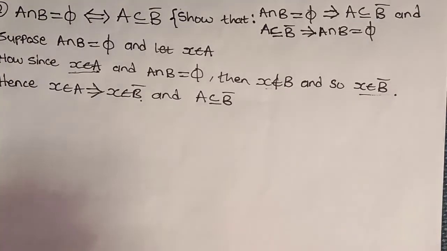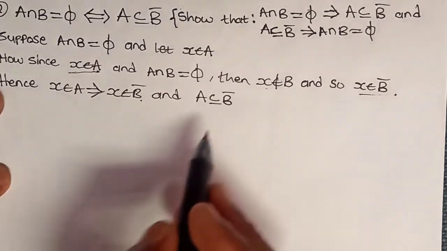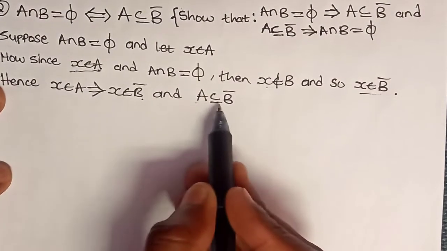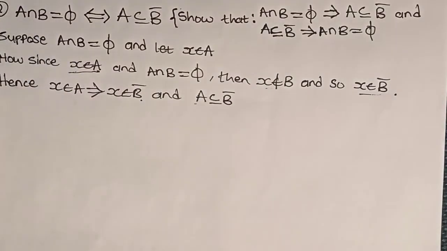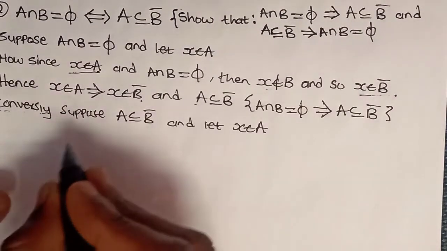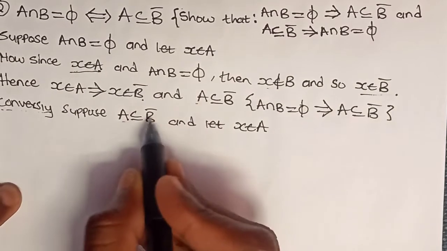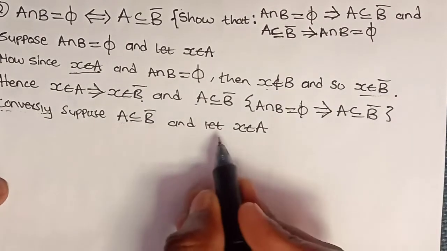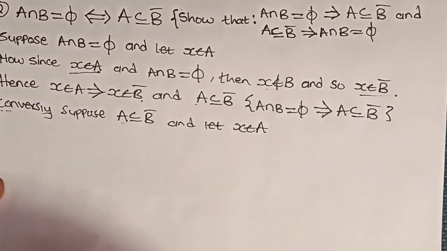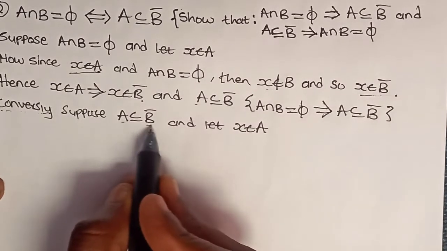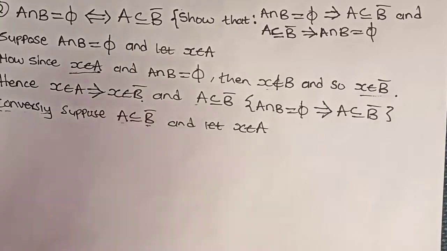Conversely, we'll have to show that if A is a subset of B complement, then A intersect B is empty. Suppose A is a subset of B complement and let X be in A. Then X is also in B complement since A is a subset of B complement.